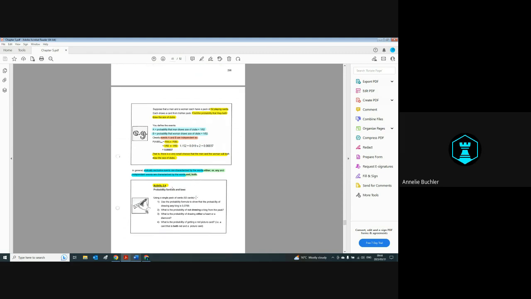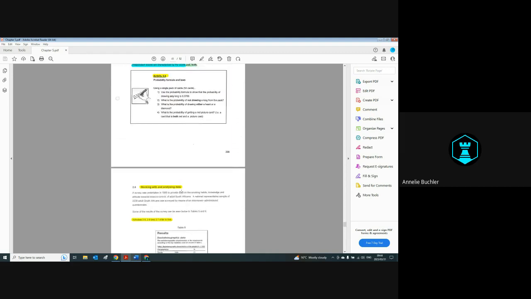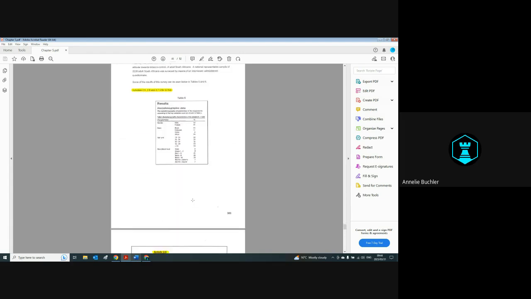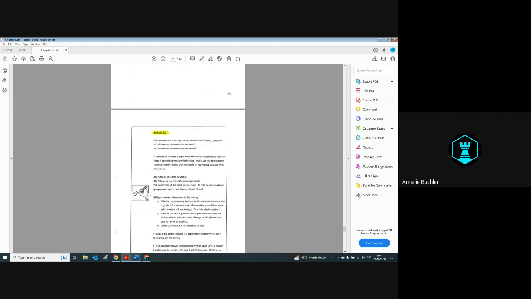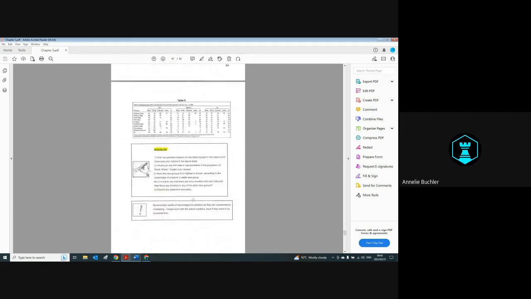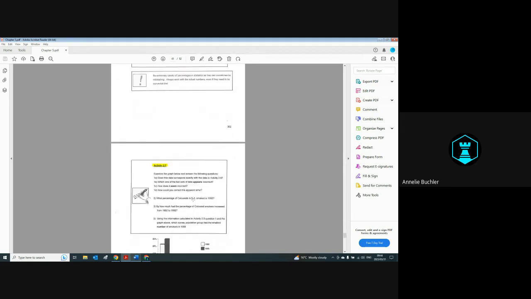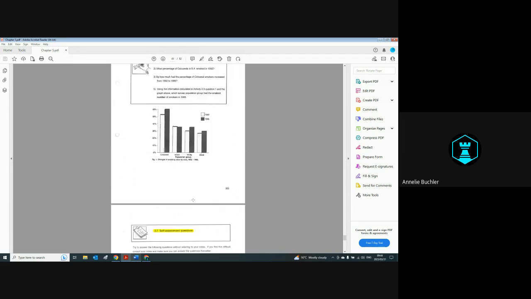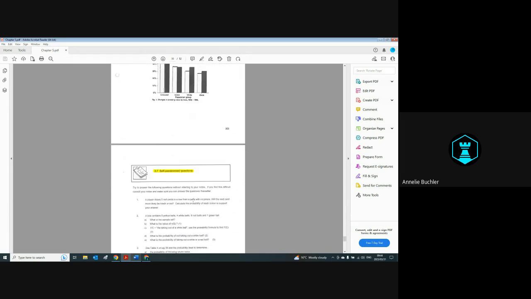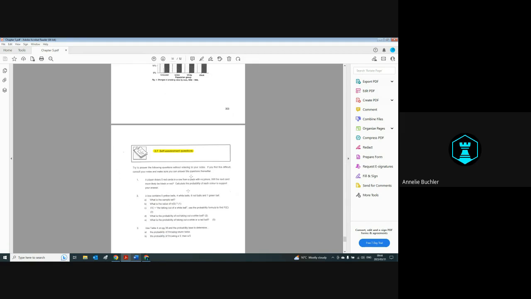Okay. Please do activity 2.4, working with data and analyzing the data. This is a nice exercise for you. Then do activity 2.5, activity 2.6 and activity 2.7. It's just a revision of all the work. And then you have your self-assessment questions on page 304.